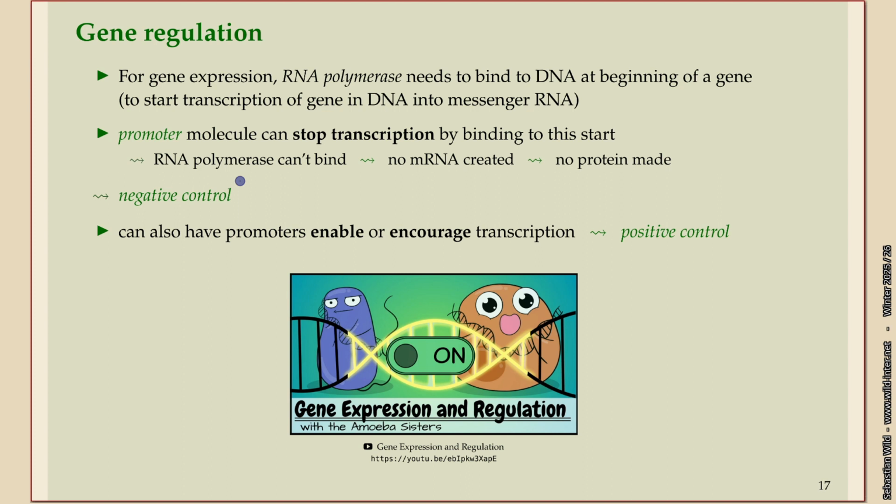And if you block that starting position by putting something else there, another molecule, then that translation is not happening. Or if you make that starting region more attractive by helping it attract polymerase with other molecules, you can actually generate more of the protein. And that's what this gene regulation in the simplest case is about.